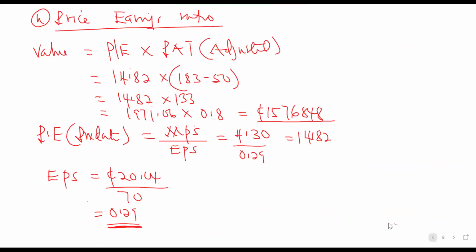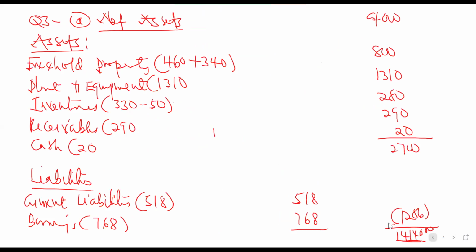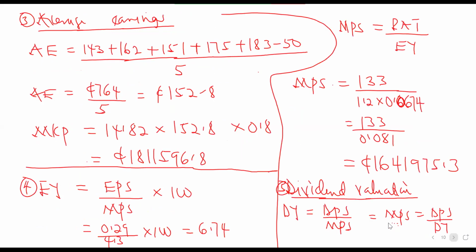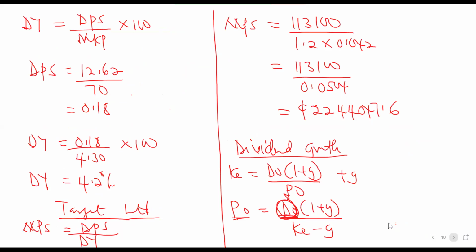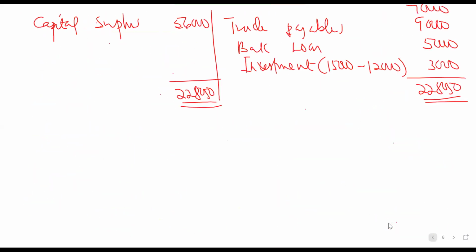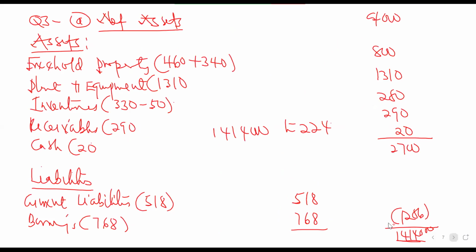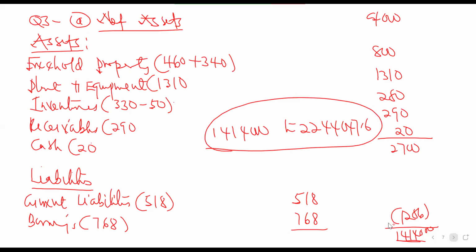That they have to pay any amount within the range of 1,414,000 to the highest amount here. The highest amount here is 2,244,047.6. So they should pay any amount within this particular range. You calculate the price and tell them that they should pay any amount within the range of the lowest value and the highest value.